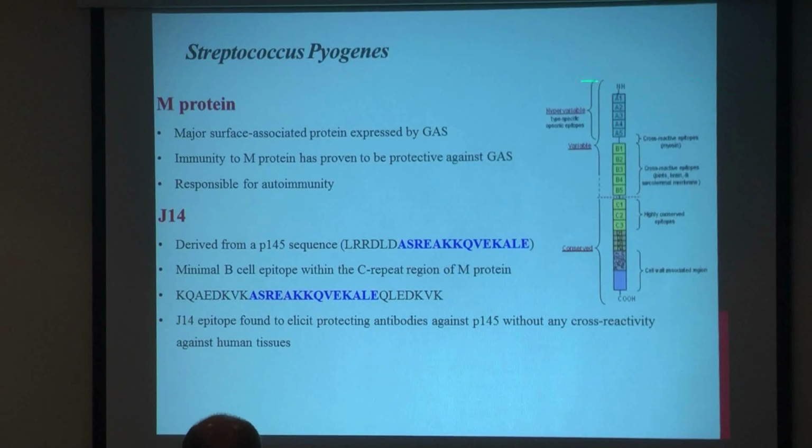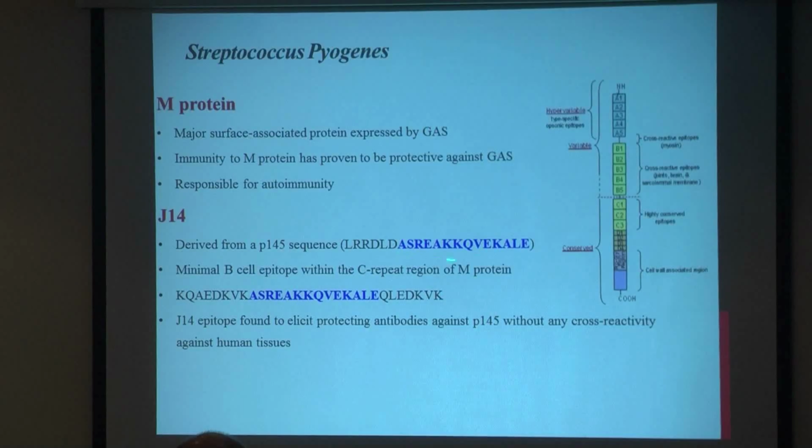Now, let me draw your attention to this schematic figure right here. This is the schematic figure of the M protein. As you can see, there are 4 different domains, A to D, and it is highly hypervariable at the N terminal. However, it gets less so towards the cell wall anchors here. So what we did was to get a minimal B cell epitope within the C repeat regions of the M protein.